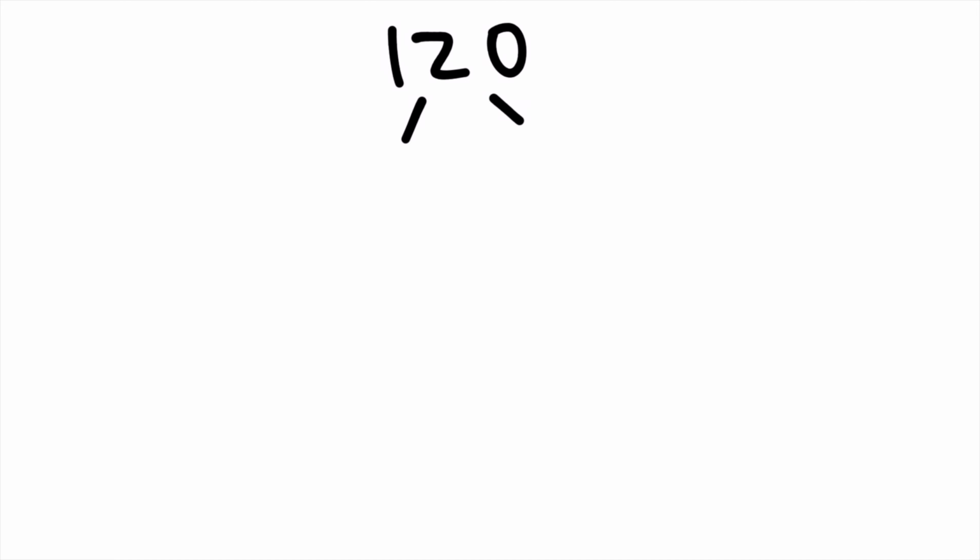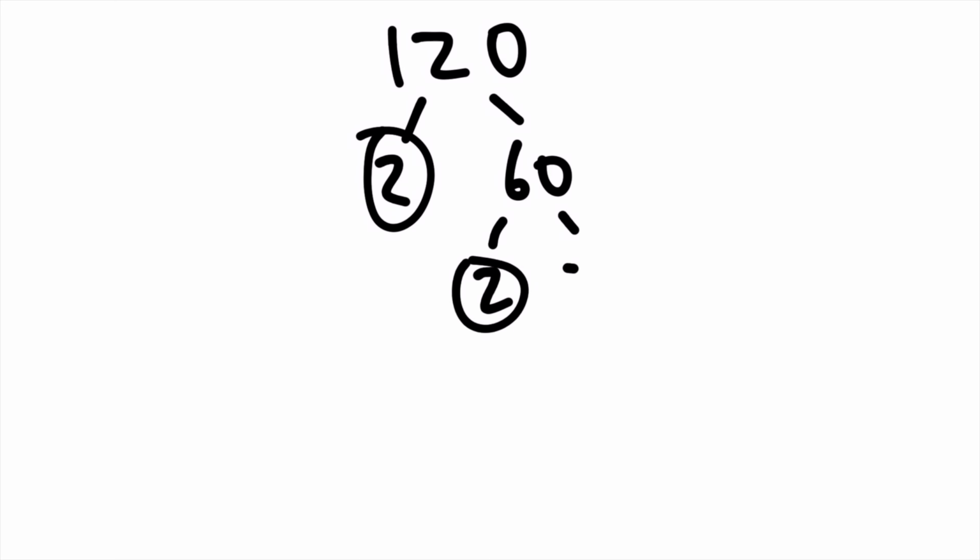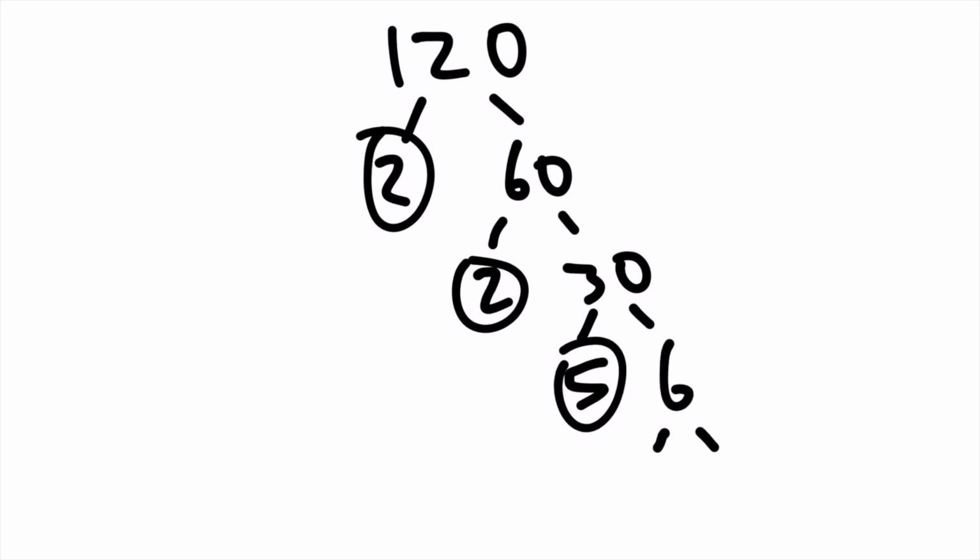And finally, I'm going to do 2 times 60. I'm going to circle the 2 because it's prime. And then I'm going to break down 60 as 2 times 30. I'm going to do this as 5 times 6. And then to break down 6, I'm going to do 2 times 3.